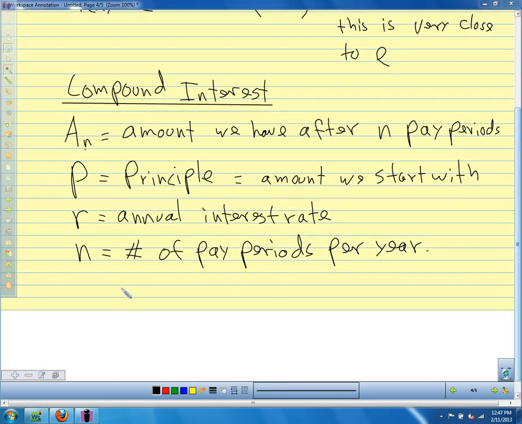So our formula is our amount equals our principal times 1 plus r over n, raised to the nt. And t is the number of years. I forgot to write that up here.